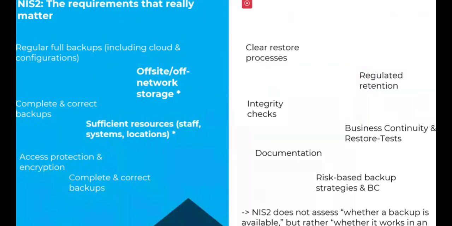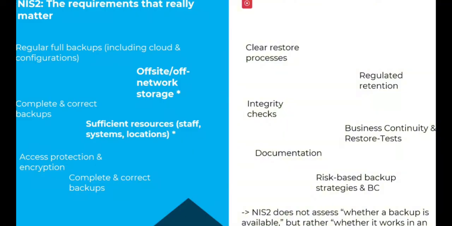Yes, I see many of you maybe already saw this list. This is the requirement list for backups in the NIS2 directive. So NIS2 does not really define what to use, but it rather gives a clear list of requirements. For example, regular complete backups, that at least one backup must be located outside the main network of a company.